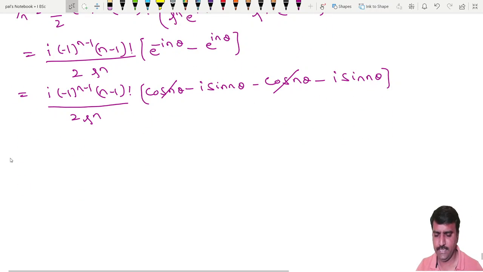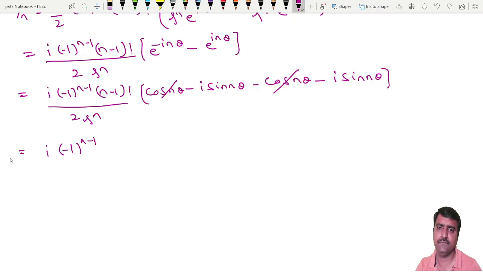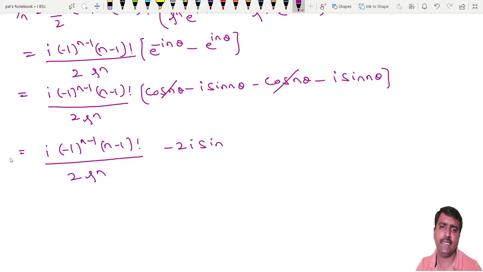so now this is equal to i into (-1)^(n-1) into (n-1)! divided by 2 into r to the power of n. The sum of these two terms gives minus 2i sin nθ.